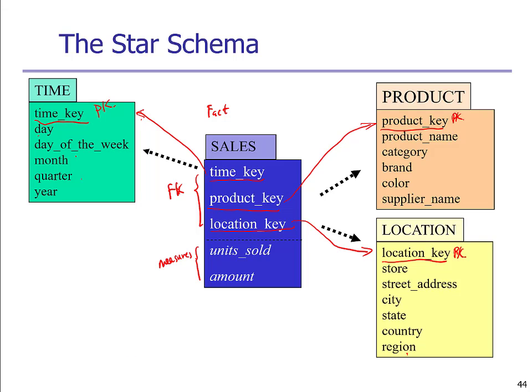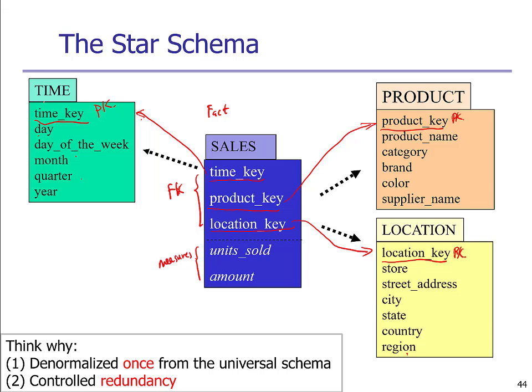All right. And the rest of each and every dimension table actually corresponds to the levels on the hierarchy of that dimension. Right? For example, if we take the time table here, we have day of the week, month, quarter, and year. So the hierarchy would be day, month, quarter, and year.